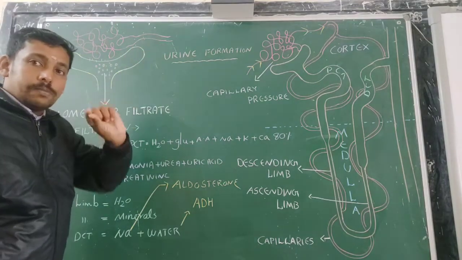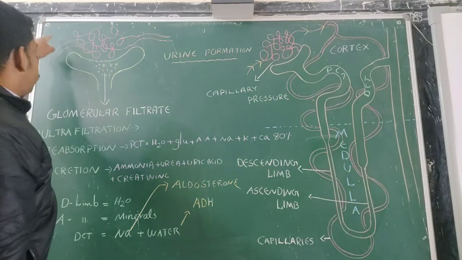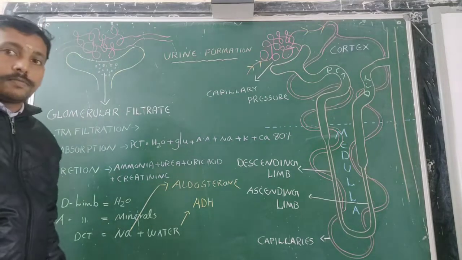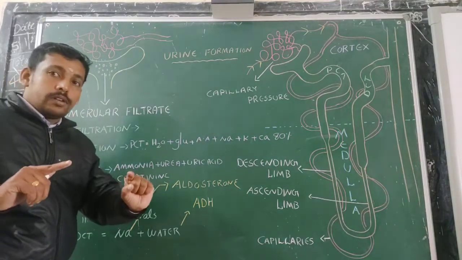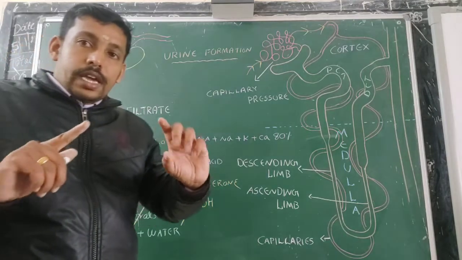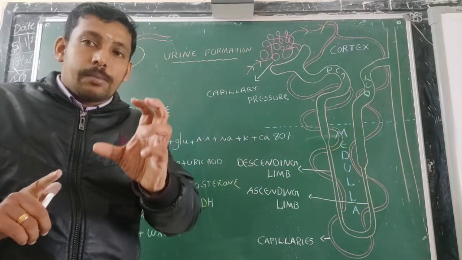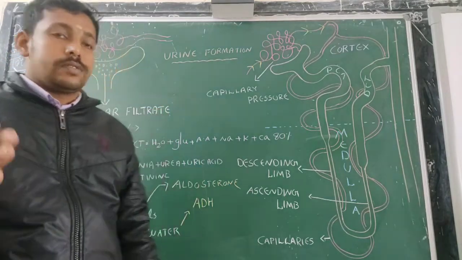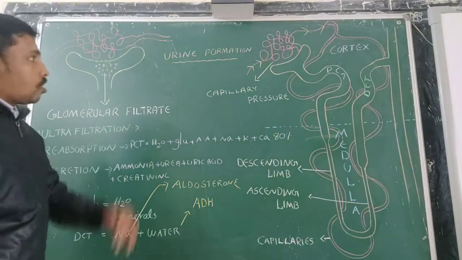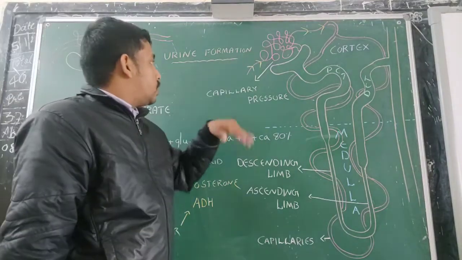Blood comes into the nephron through the afferent arteriole, and thereafter it goes into a network of capillaries, and that capillary network is known as the glomerulus.